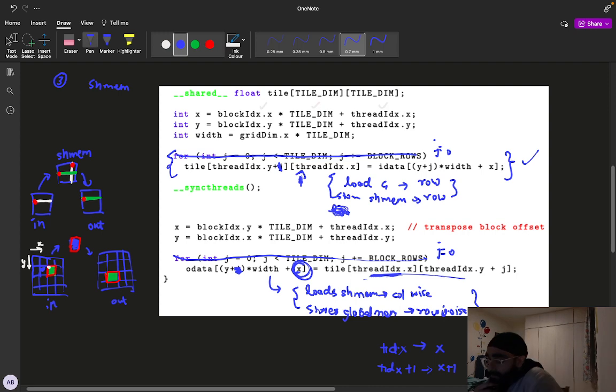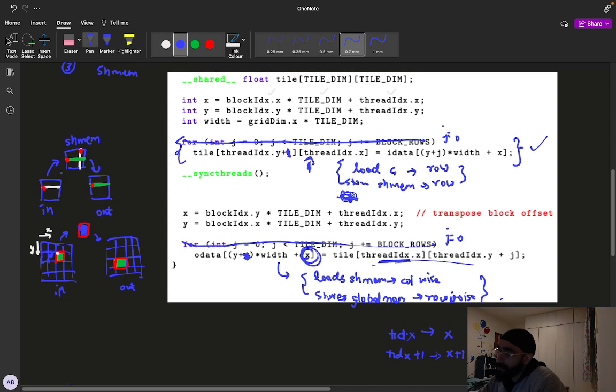So yeah, this visualization is actually a little flawed. I mean, we can implement this in this way also.